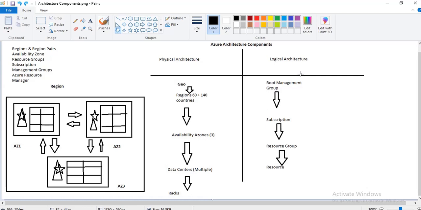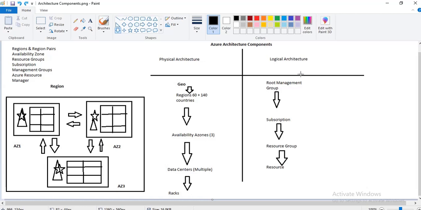When I say management group, it's nothing but a logical container. For example, there are various access control policies, security measures, and restrictions you want to impose as an organization. At each resource level it would be very difficult to manage, or even at the subscription level, which we are going to talk about in a few minutes.